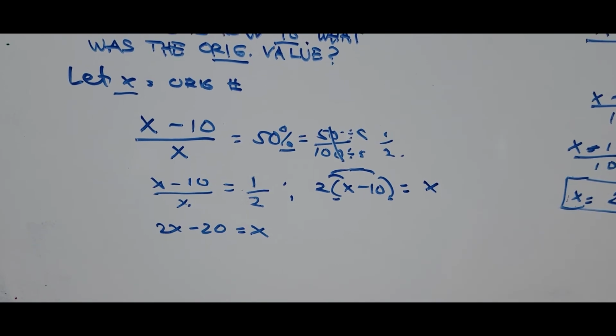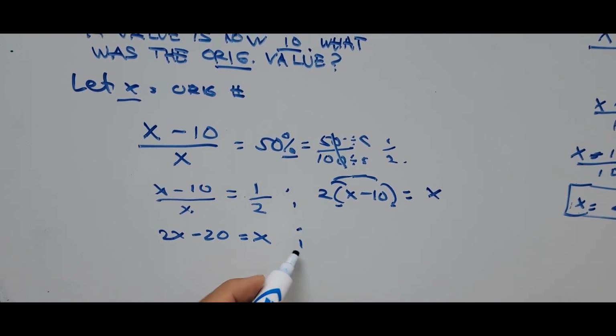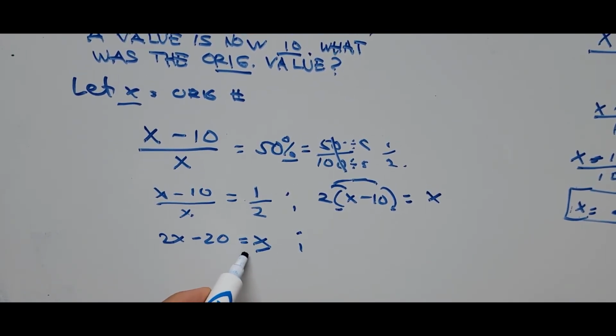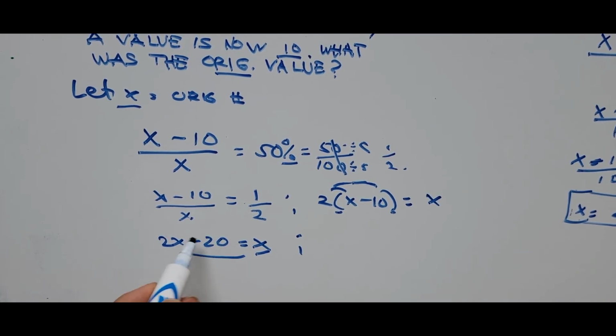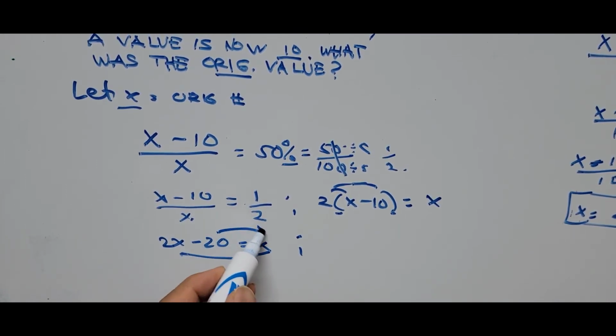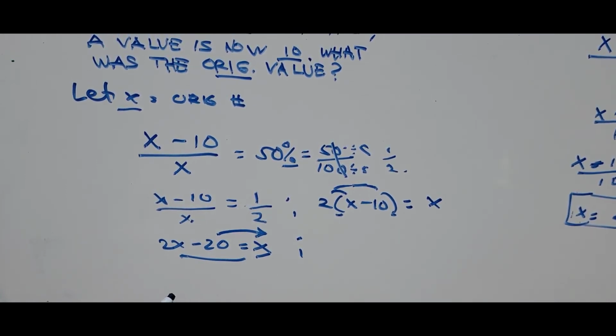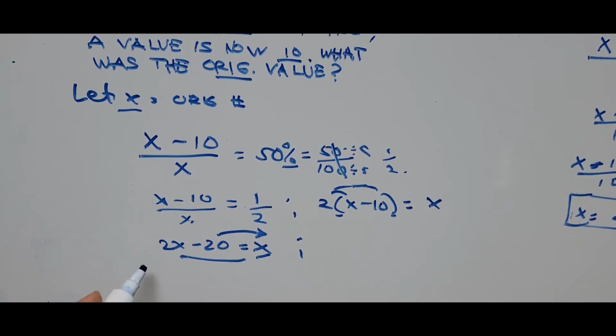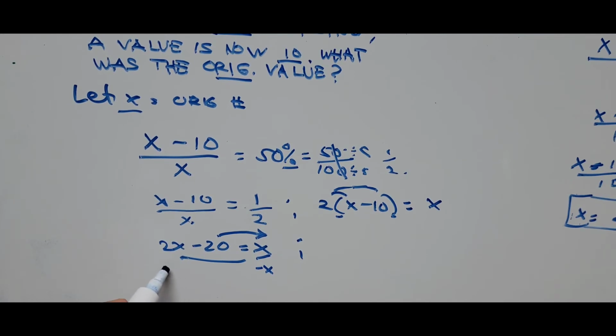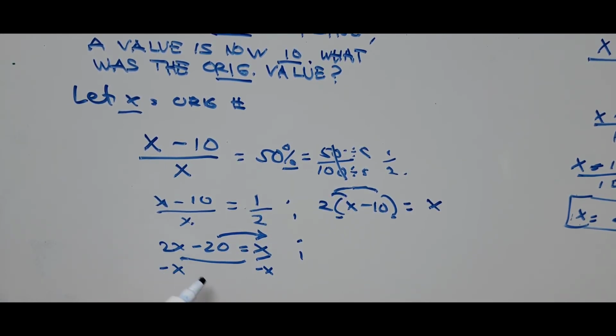From here, combining like terms, transposing x to the left and the constant to the right, the conventional way is subtracting x on both sides, and since we have minus 20 there, adding 20 on both sides. If you do that on the left, you have to do it on the right.